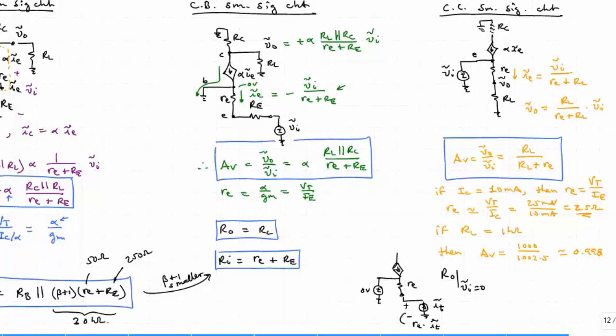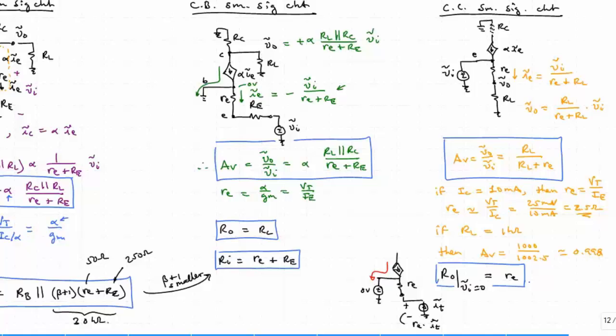It doesn't matter that we have this current, because whatever it does, it flows right to ground, so it has no bearing. So we find that the output resistance in this case is simply equal to little re.